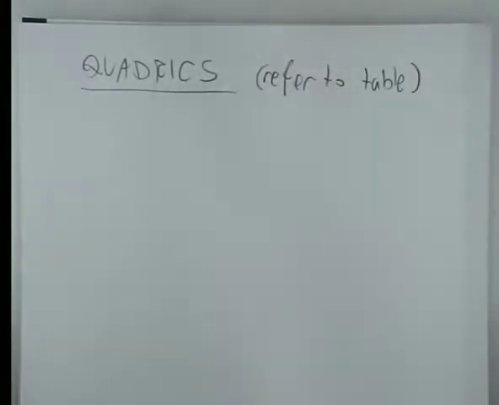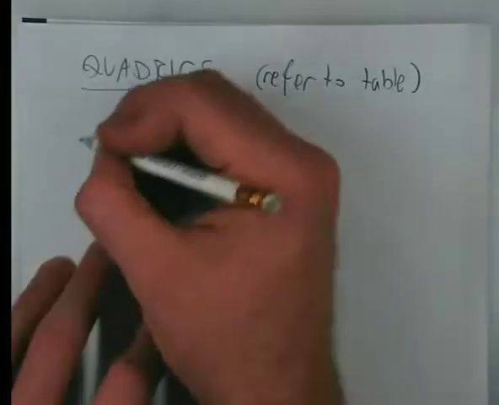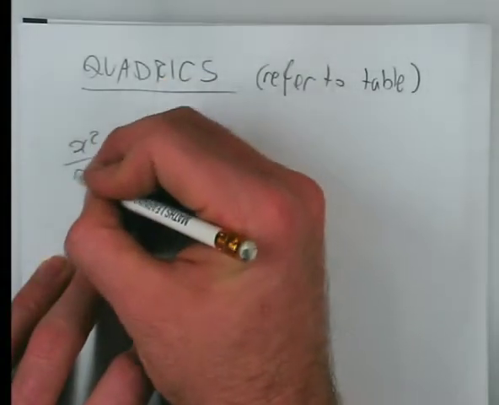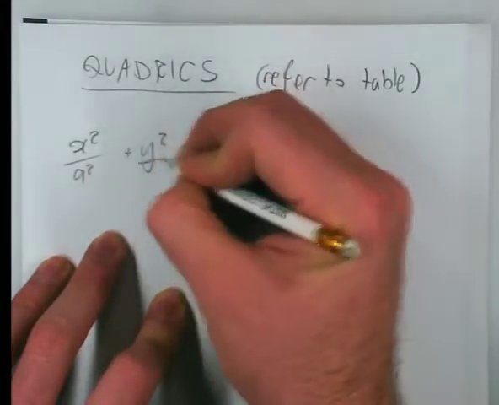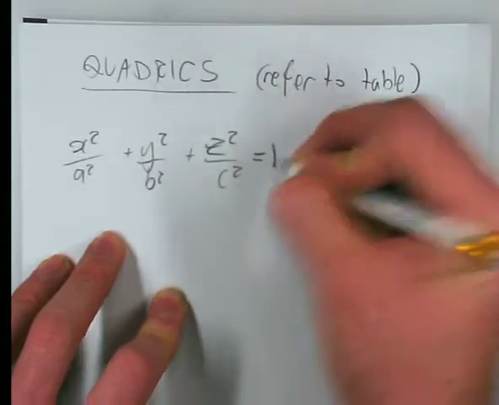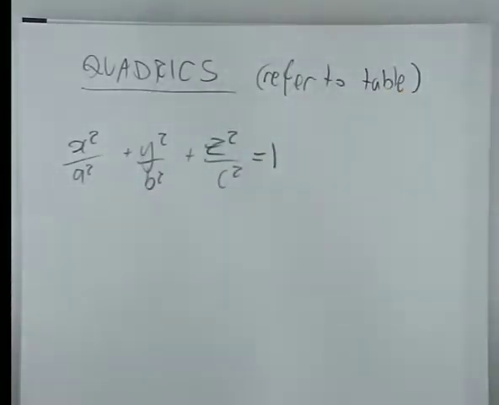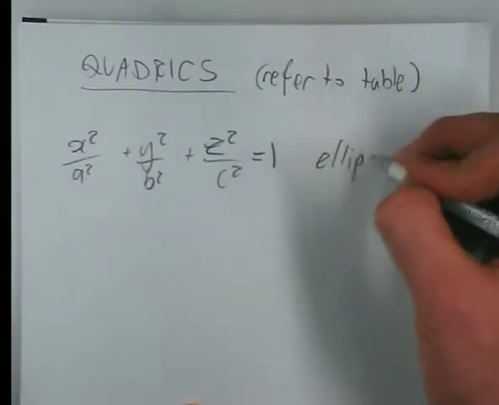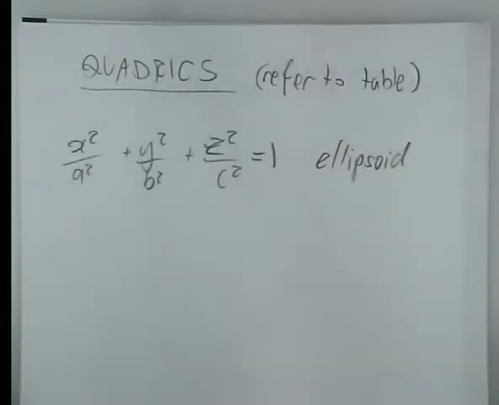But there's a few main ones that you need to remember. There is this one. That's an ellipsoid. And you can remember that because it's like an ellipse, it's just 3-dimensional.